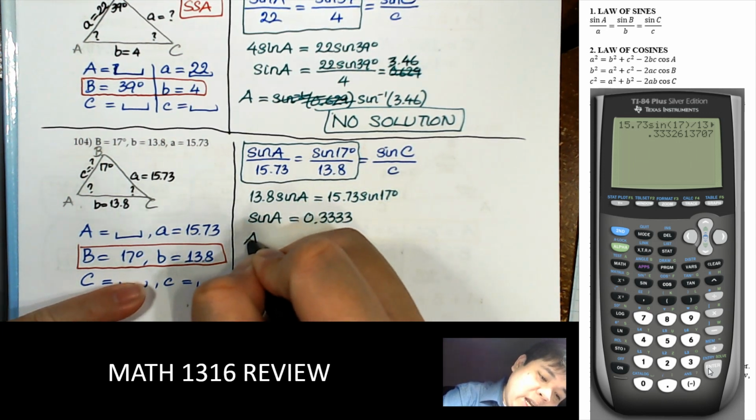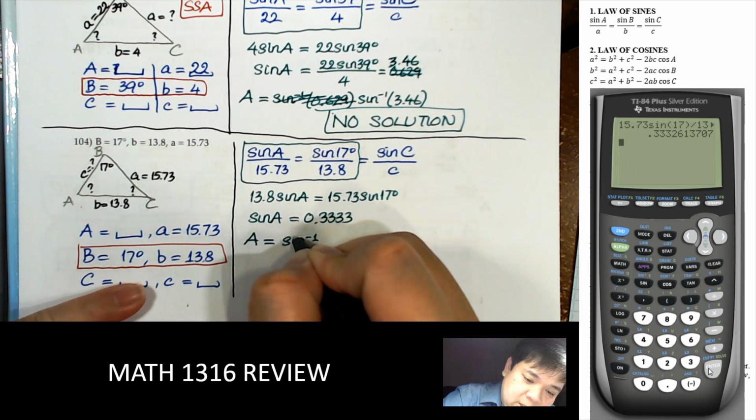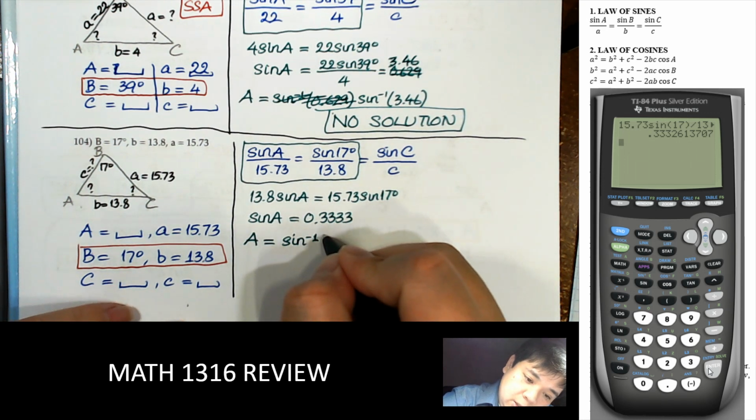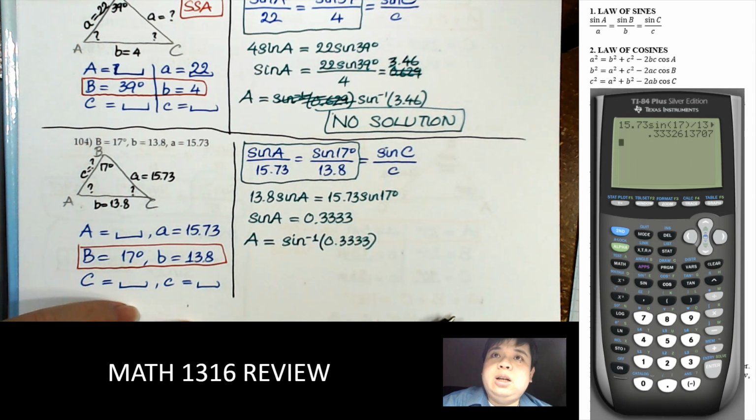So we can get A equals sine inverse of that. So I just say sine inverse of that number. So just hit enter, copy and paste, or we just hit second answer to pull up the last number.